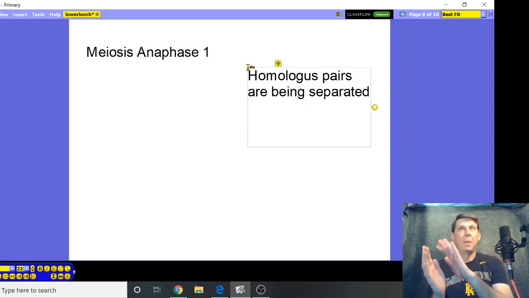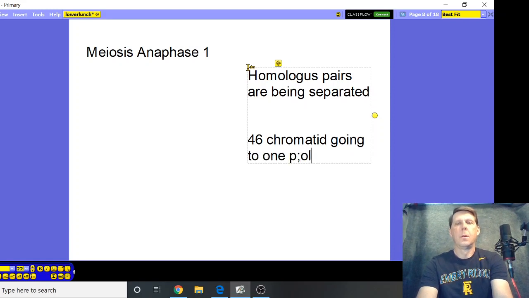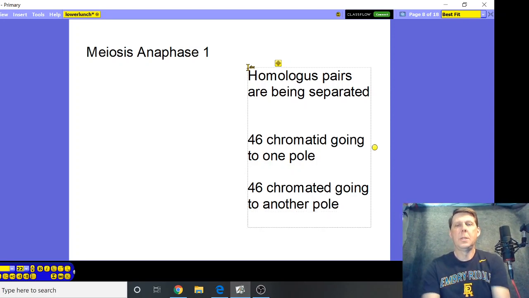So we should have 46 chromatids going one way and 46 going another, towards opposite poles.